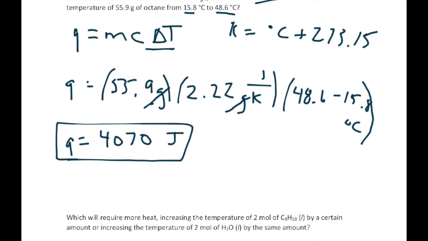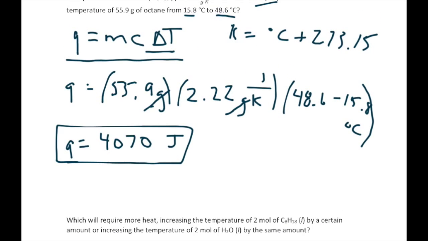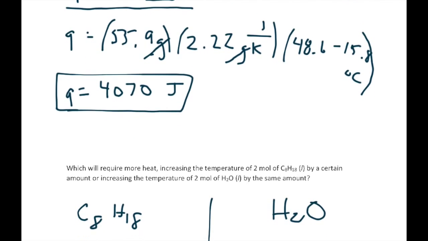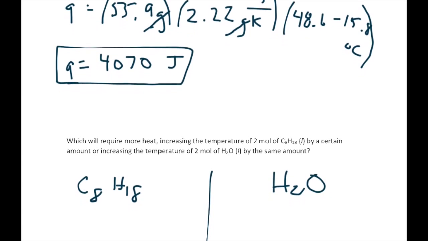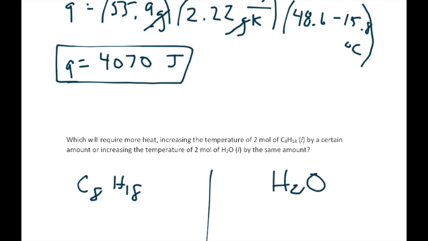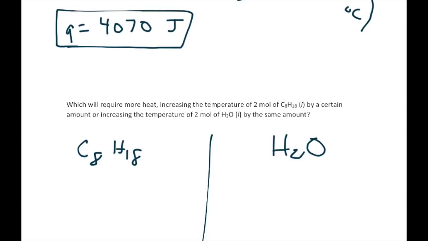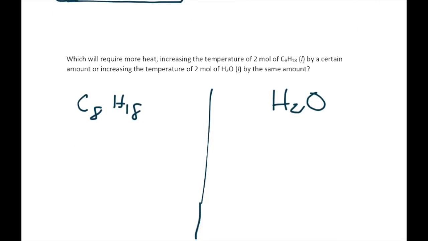Okay. And we can use this formula, Q equals mc times change in temp, or we can compare it conceptually, because we know that the amount of substance will be the same. So we know that the number of moles will be the same. And so we need to calculate something called molar heat capacity. Okay? So we need to figure out how much heat we will really be needing per mole Kelvin for each substance.